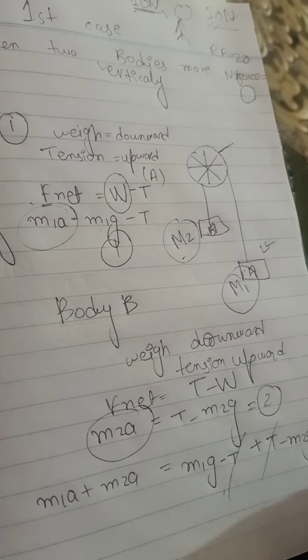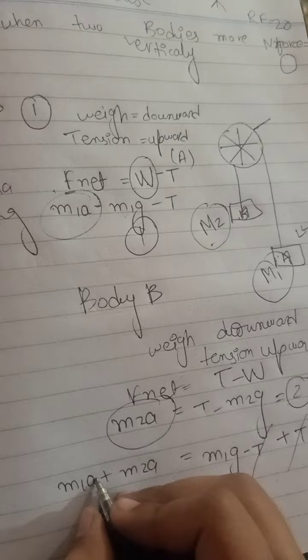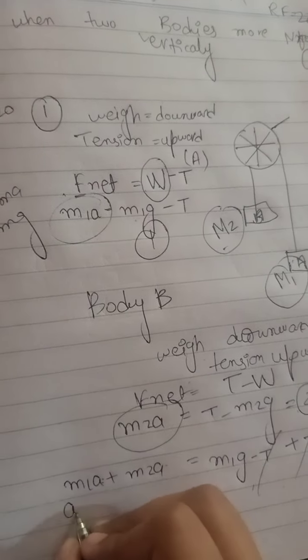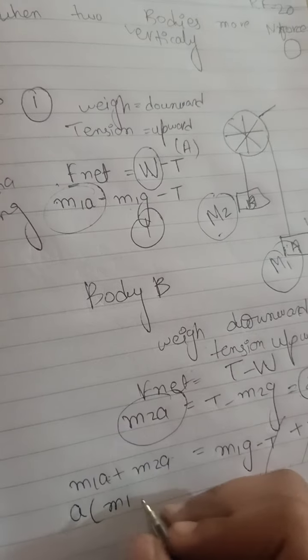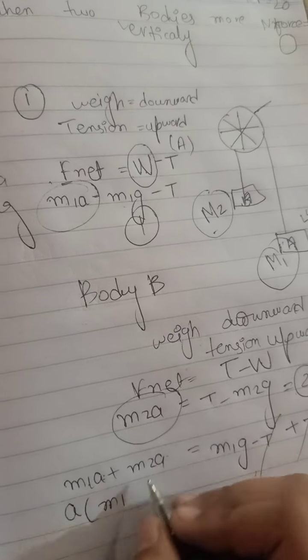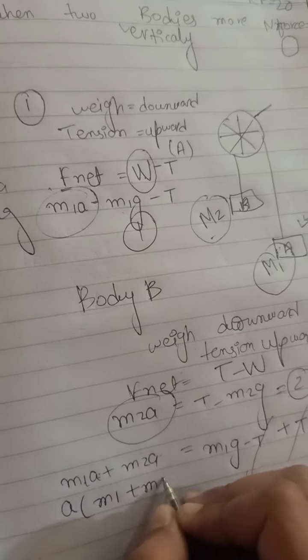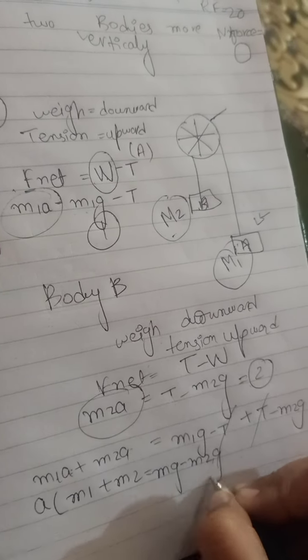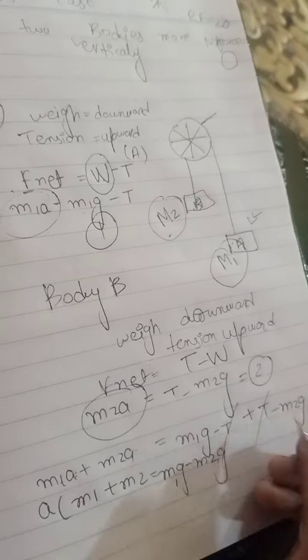Here the T will cancel, and taking a common, a times the bracket m1 plus m2 is equal to m1g minus m2g.